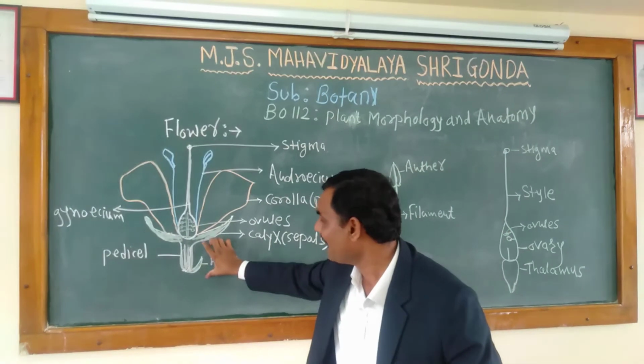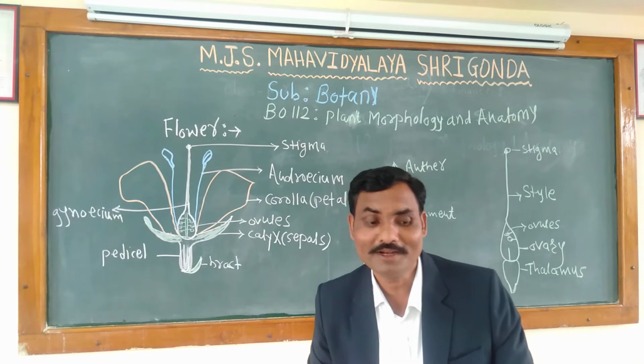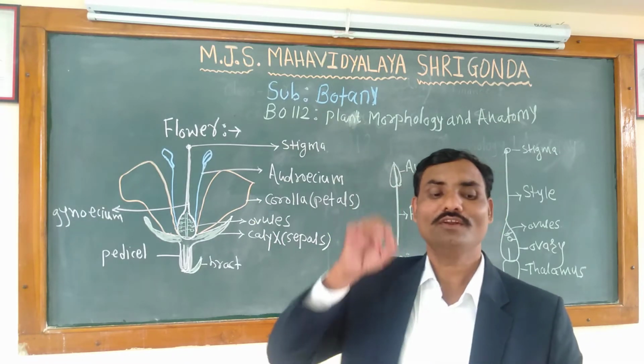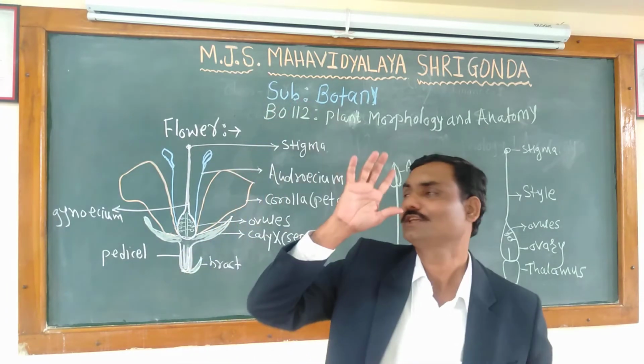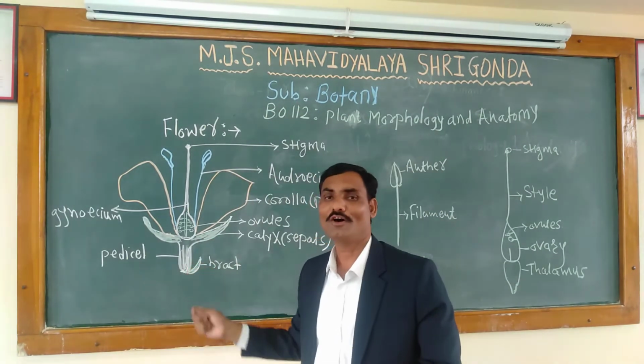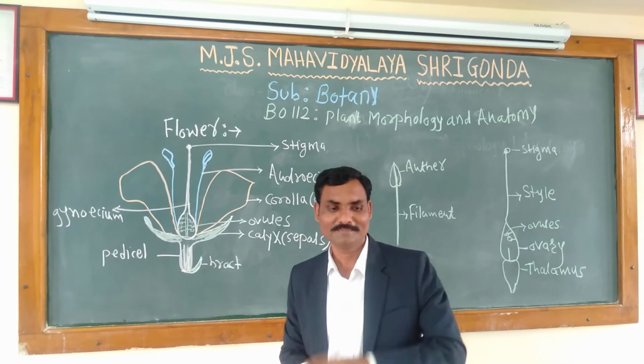Then what about floral axis? What is the speciality of that axis? The floral axis corresponds to the axis of the shoot. It is a shoot of the flower. That is called a floral axis.